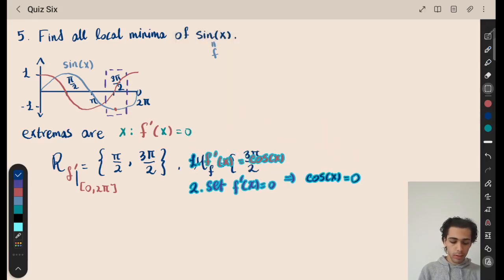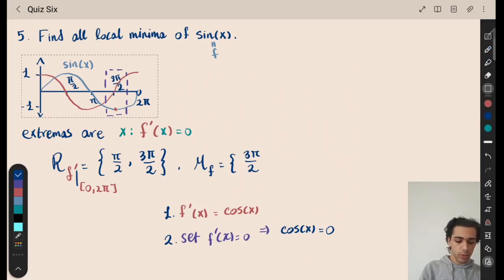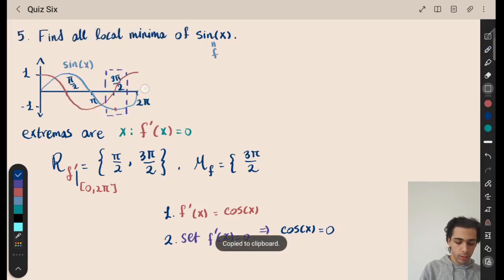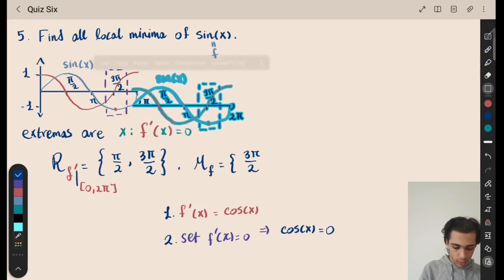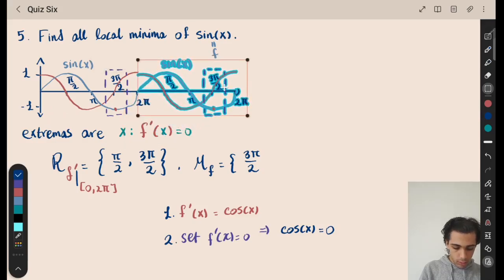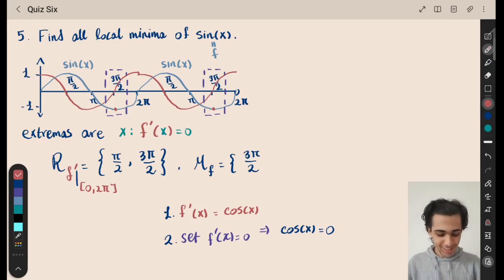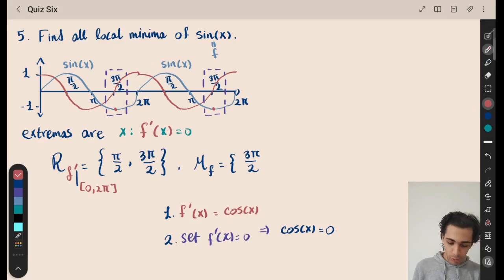But then here's the thing. If I repeat this graph once again, just like this, you know, yeah, this is a perfect drawing. And then what really happens here is that you have pi over 2, but you've added 2 pi to it, because you've displaced it by 2 pi.